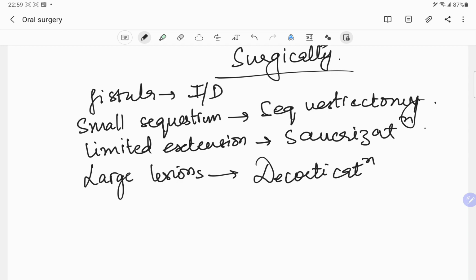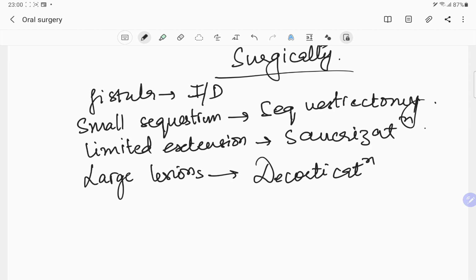Saucerization is removing the infected bone as well as the adjacent bony cortex involved with the infection. Decortication is when we are removing a large bony fragment. For a chronically infected or very poorly vascularized bone, we remove the cortex, periosteum, and up to the medulla, the medullary bone also. So these are the classical surgical protocols.